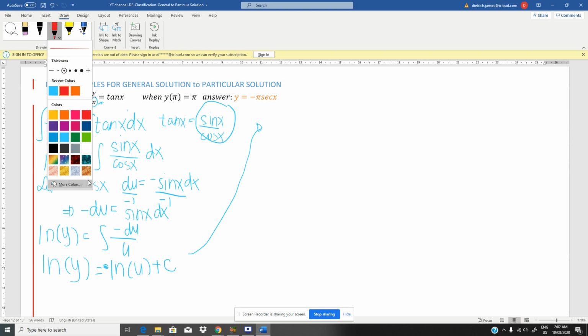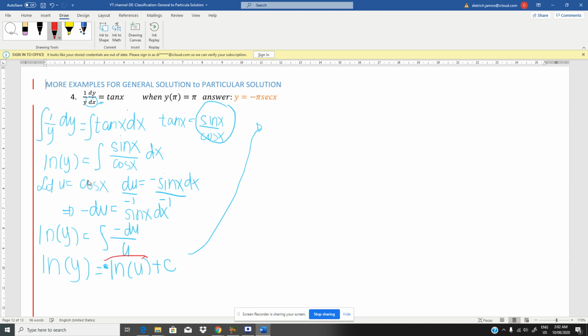I'll transpose the negative to become the exponent. So we will have ln of y is equal to ln of u raised to negative 1. So u raised to negative 1 is equivalent to 1 over u, so ln of 1 over u plus c.